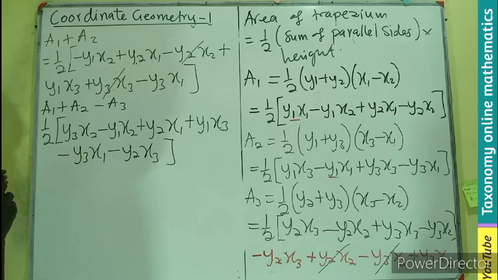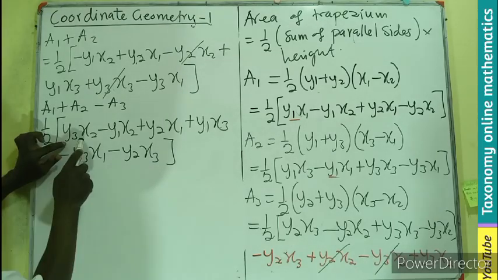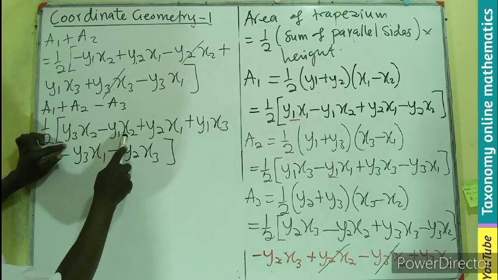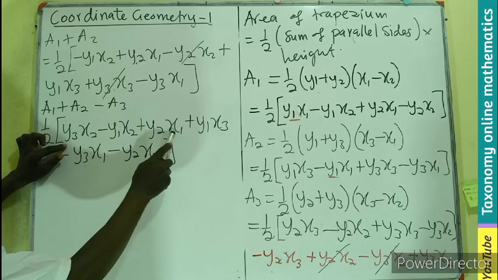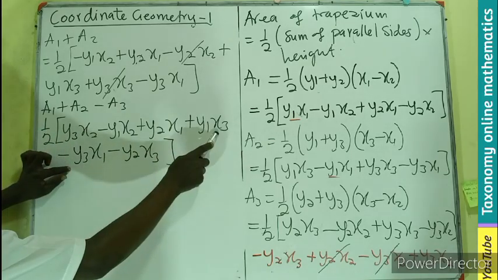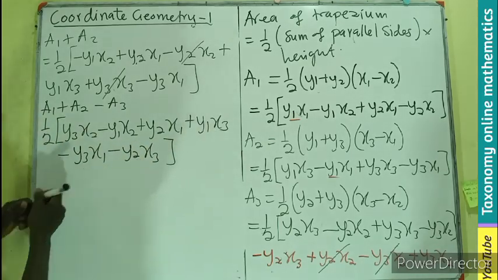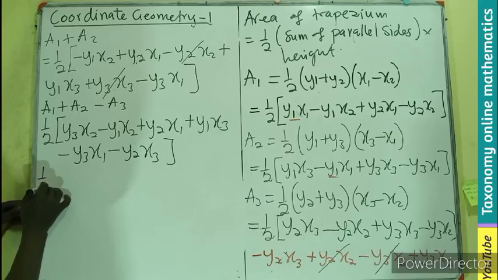Alright, let's see. I am seeing this is x2, x2, x1, x1, x3, x3. So let me group it in that order. 1 over 2.